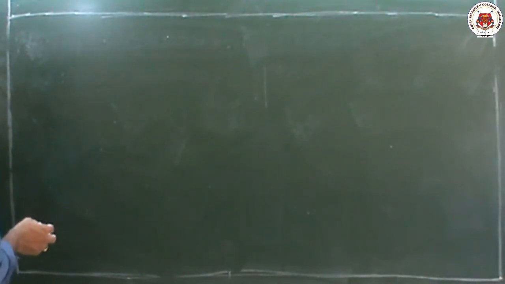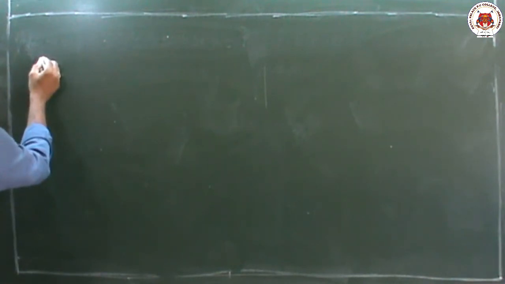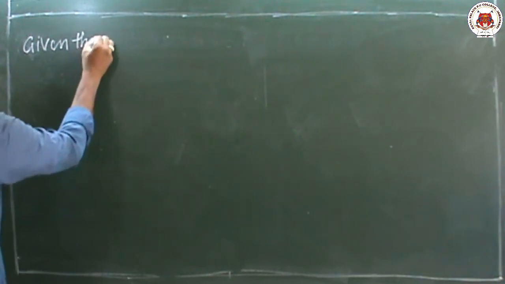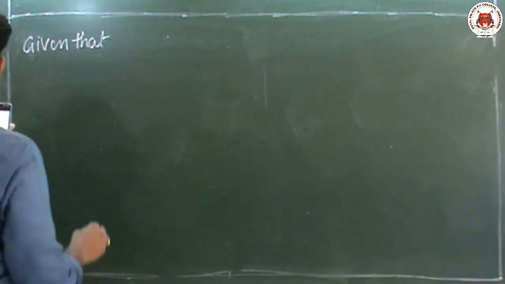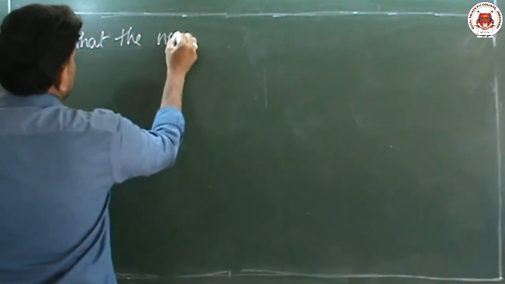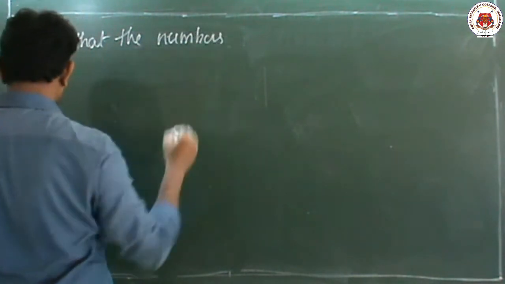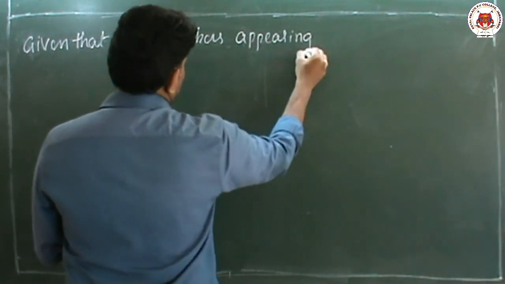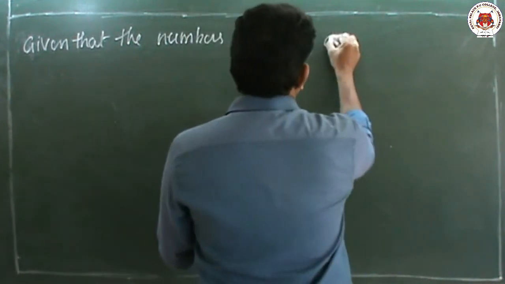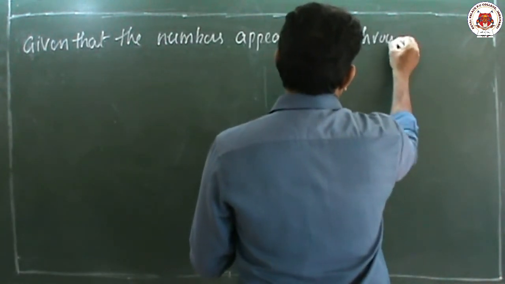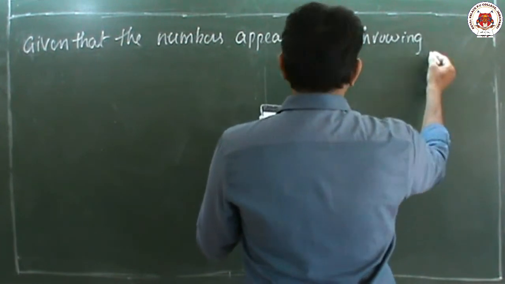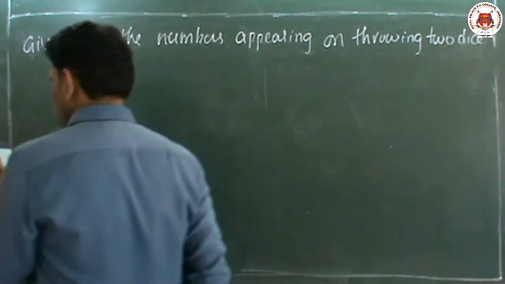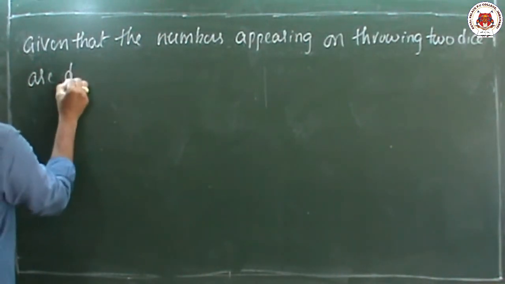The question is: given that the two numbers appearing on throwing two dice are different.